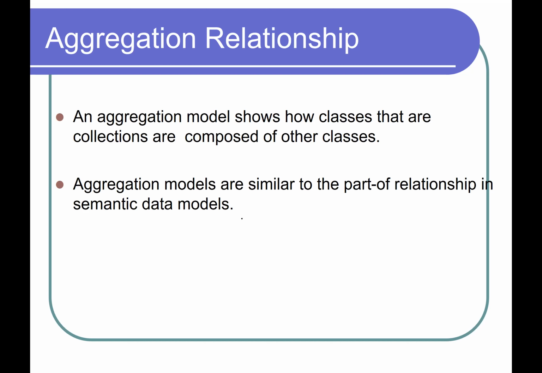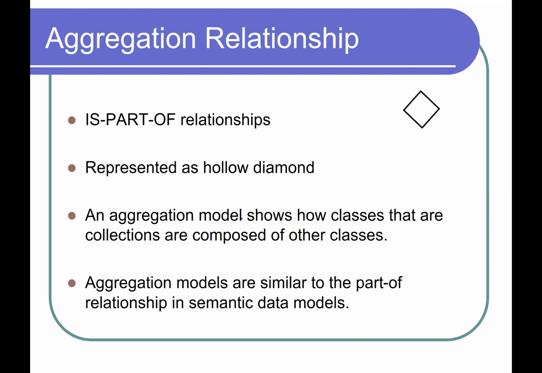Now, aggregation is a form of an association, but it says more. Aggregation is what we call a has-a relationship. The word aggregate means a collection of. It means something is made of a collection of something, or is collecting a bunch of other objects.